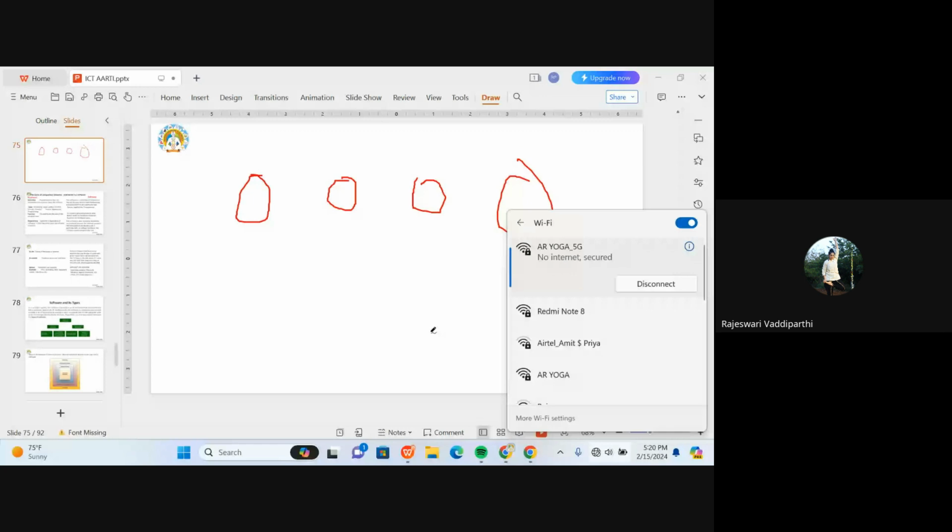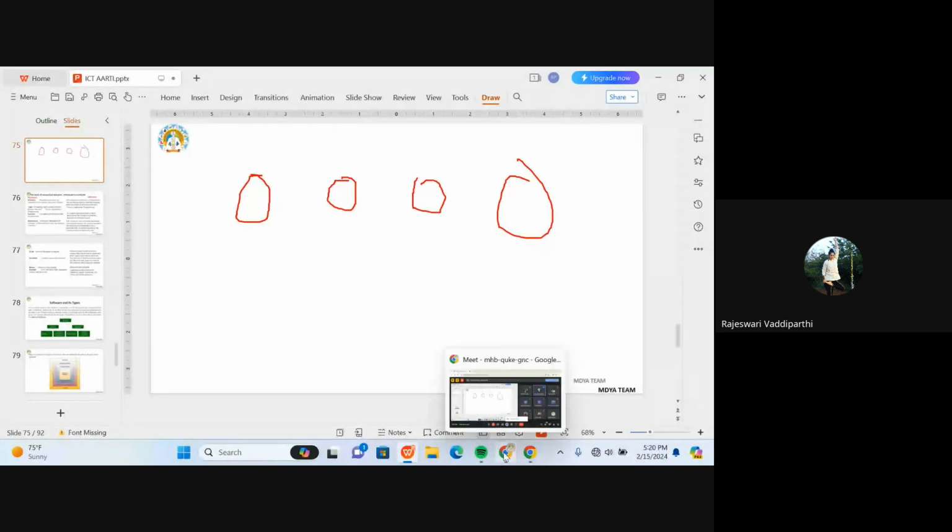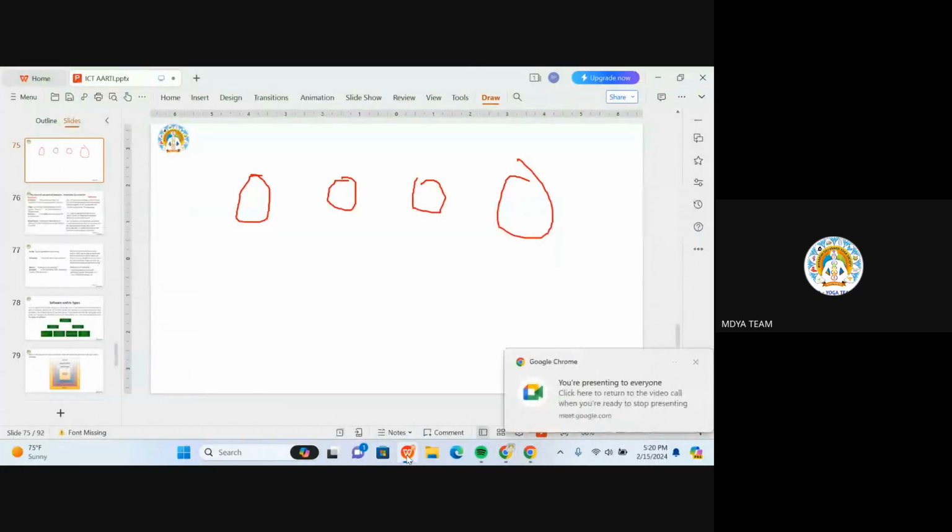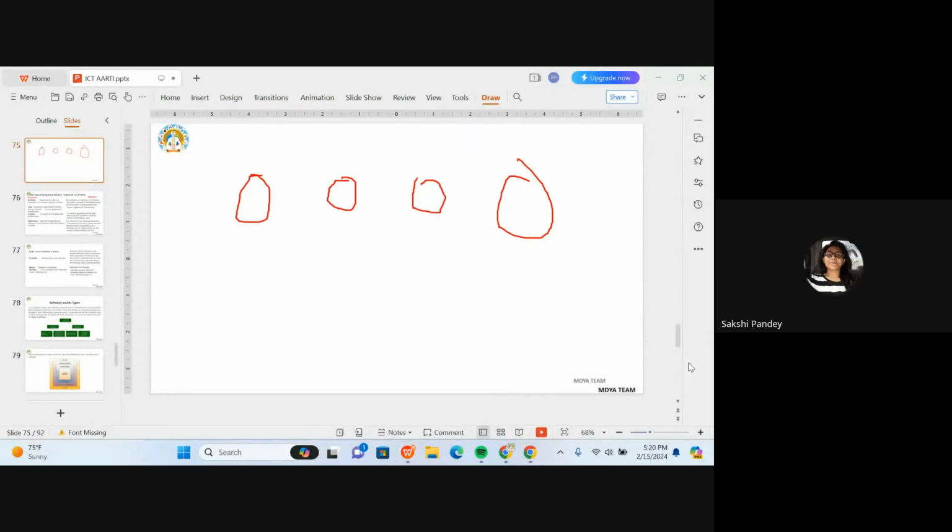Now it is visible again, now it is gone again. Now is it visible? Yes, now visible.